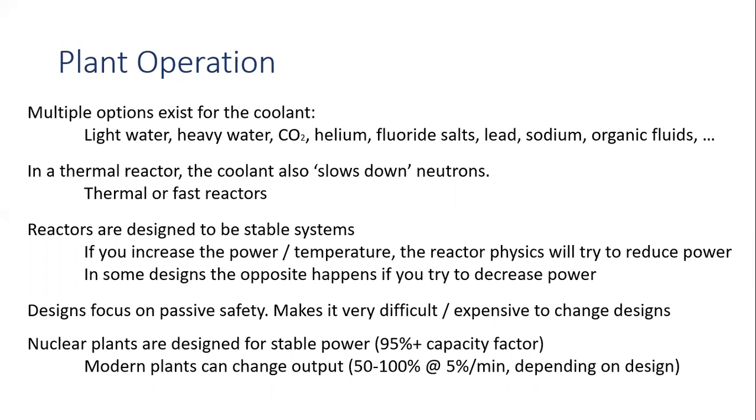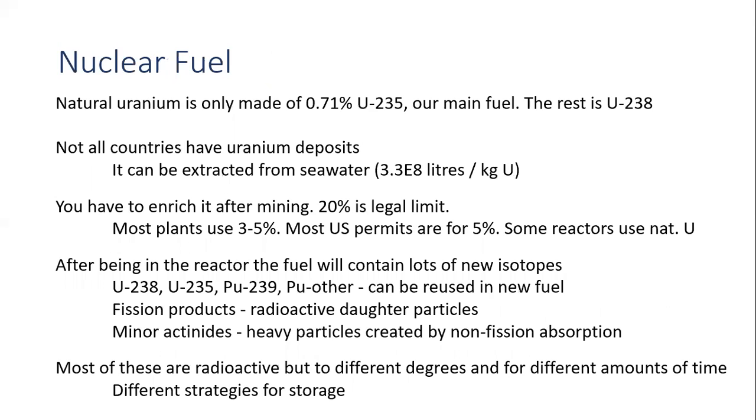Therefore nuclear plants are designed for stable power. Modern plants can change their output between 50 and 100 percent, with 5 percent minimum, depending upon the design. This is the overall plant operation.